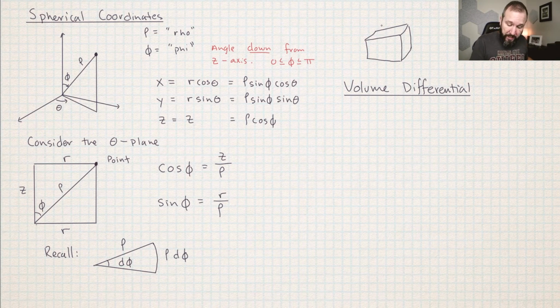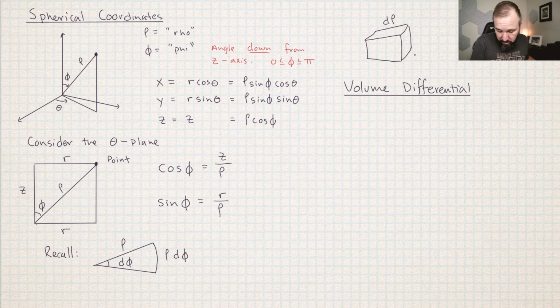Okay, so we were at this point right here, and then we went out a little bit extra, and that produced this dimension on that box right there. So the way that we went out a little bit more is we changed the radius. So this distance right there is going to be d rho. Now, just like before, this distance along the bottom right there comes from changing theta a little bit, and its distance over to the origin is still r.